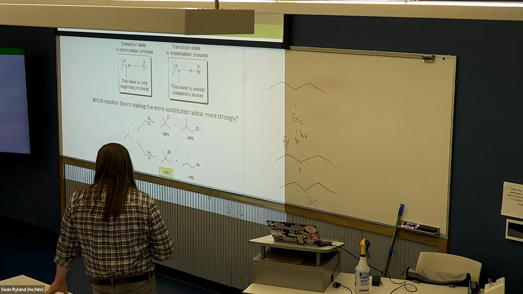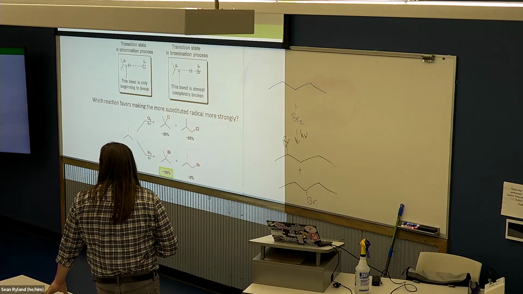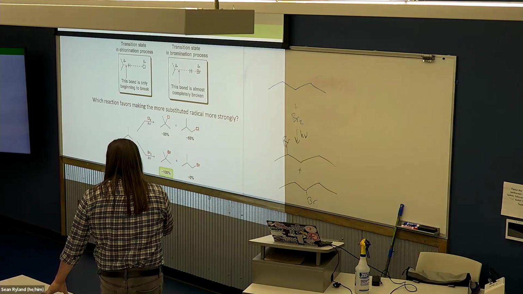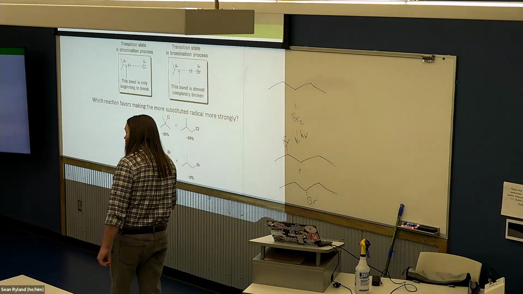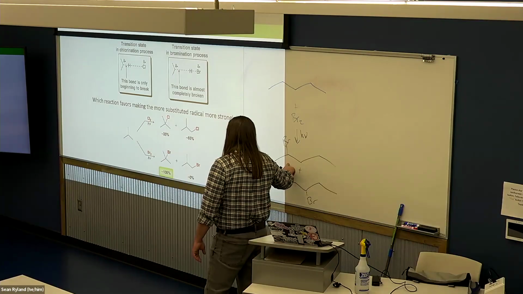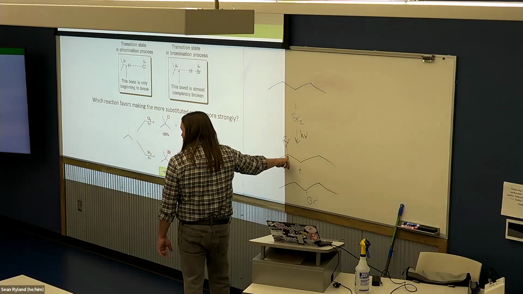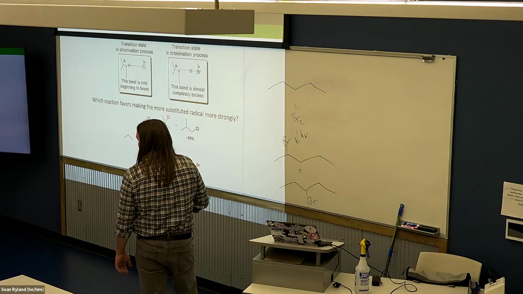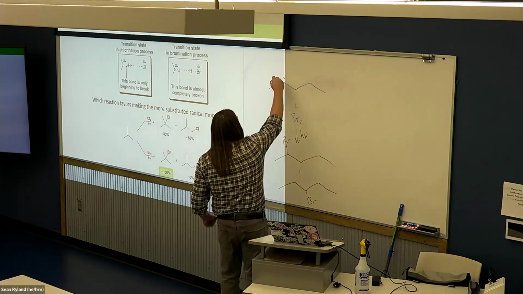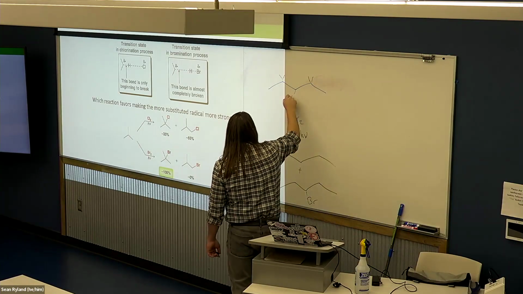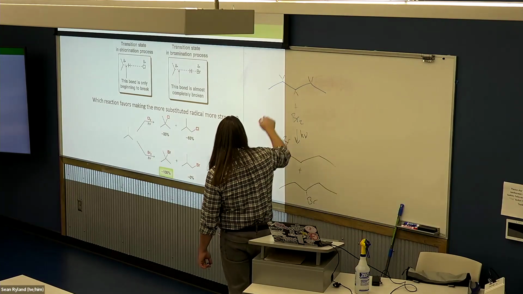If there are two options that are equivalent or close to equivalent, that's when you start seeing mixtures. And that's when it's going to be a statistical mixture. By which I mean, for this reaction, there are 4 hydrogens that give us 2-bromopentane, right? And there's only 2 hydrogens to give us the 3-bromo.